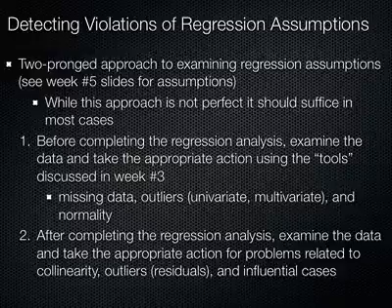And I think there's 2 ways to do that. First, by examining your data, and a number of you re-examined your data again for the regression analysis that you did this week, and so I think that's good practice. That's the proper way to build the regression equation, is to first assess your data for systematic missing data, univariate or multivariate outliers, and normality using those tools that we talked about several weeks ago.